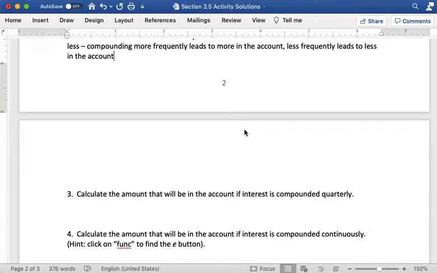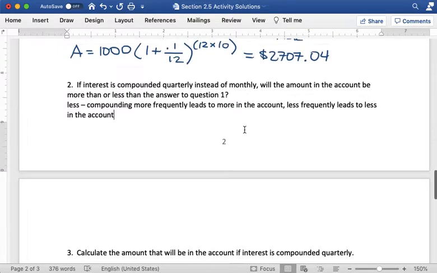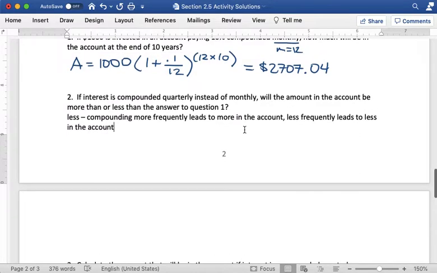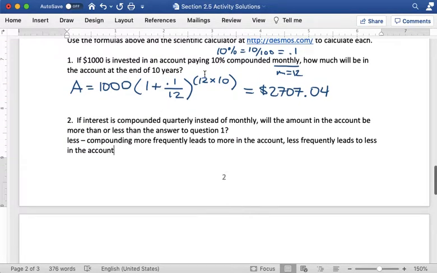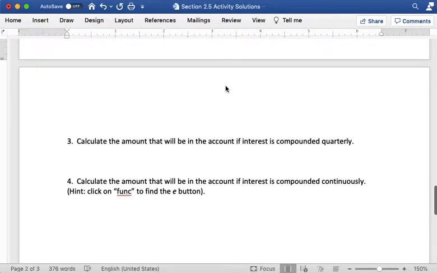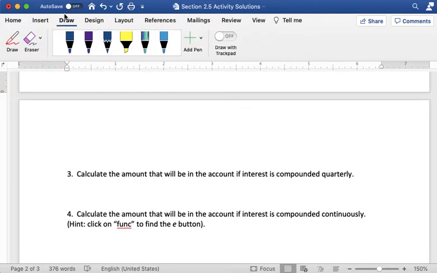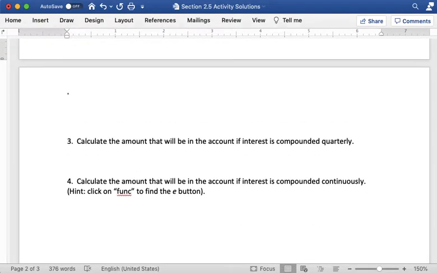$2,707.04. So for number 3, we're plugging in the same thing that we plugged in for number 1. We're just replacing these 12s with 4s. So I will write that out here. We're plugging in 1,000 for the principal. We're plugging in 10% for the interest rate.